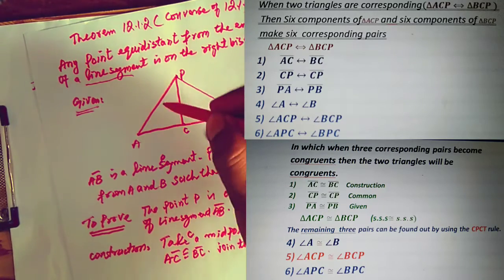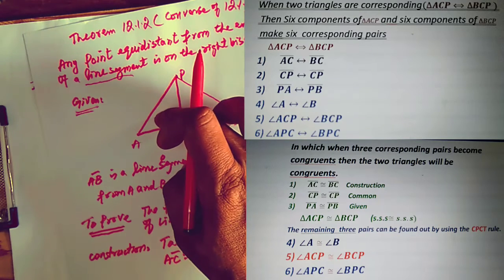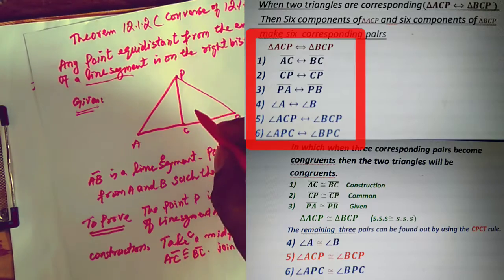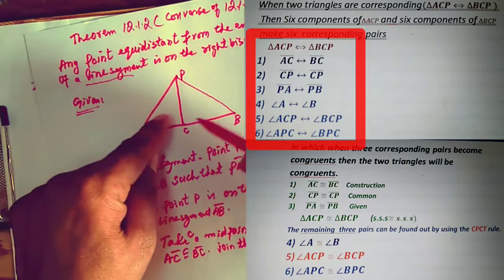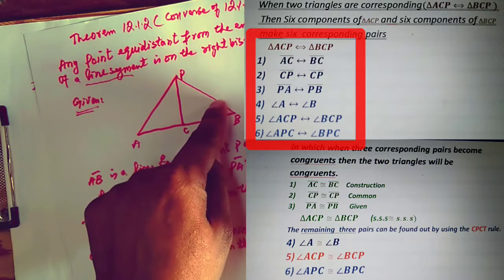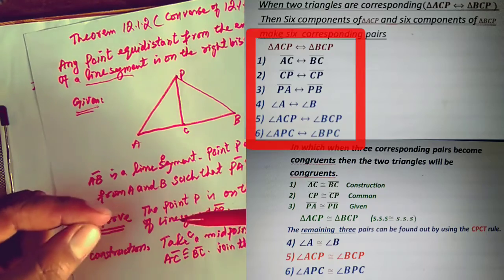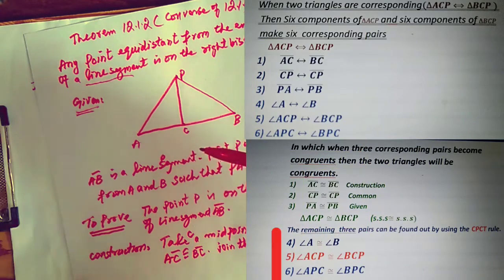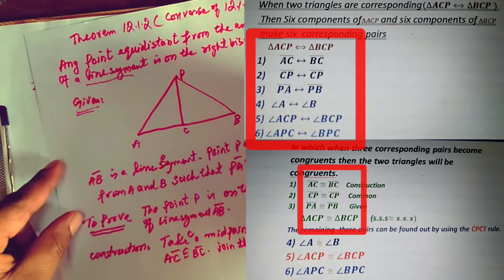There are 6 components in one triangle. When the correspondence is made between the two triangles, then these 6 components of one triangle and 6 components of the other make 6 pairs of components, in which 3 pairs can be used for making the two triangles congruent, and the remaining 3 can be found out by using the CPCT rule.